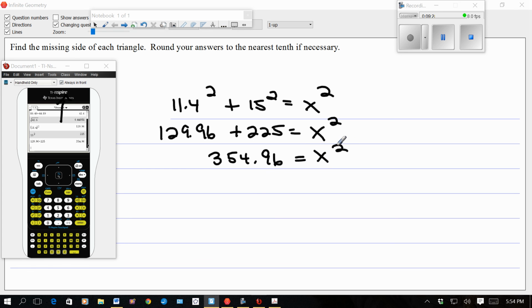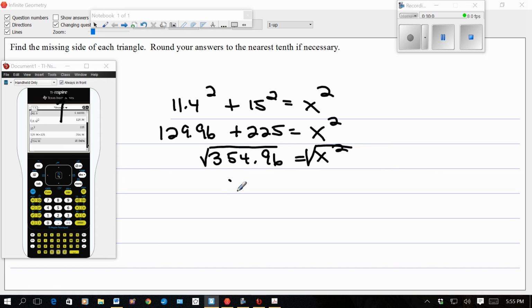Now I've got to get rid of the square. So yes, you're right, you do take the square root. And yes, you're right, you want to keep your equation balanced, so you do it to the other side. Again, you're getting pretty good at this. Come over here and press control, square root, and put the number 354.96 in your calculator, hit enter, and now you have your answer.